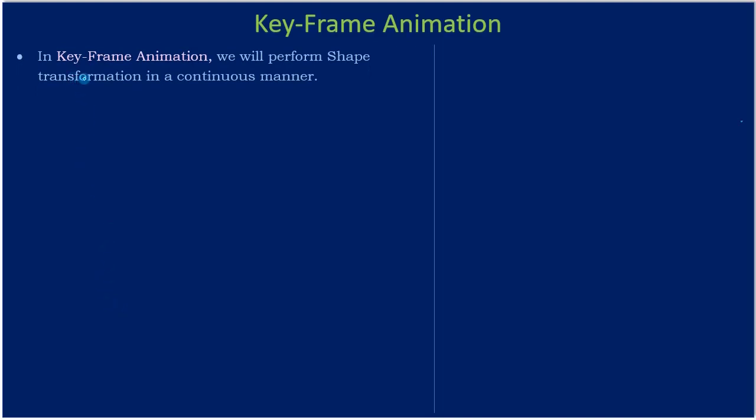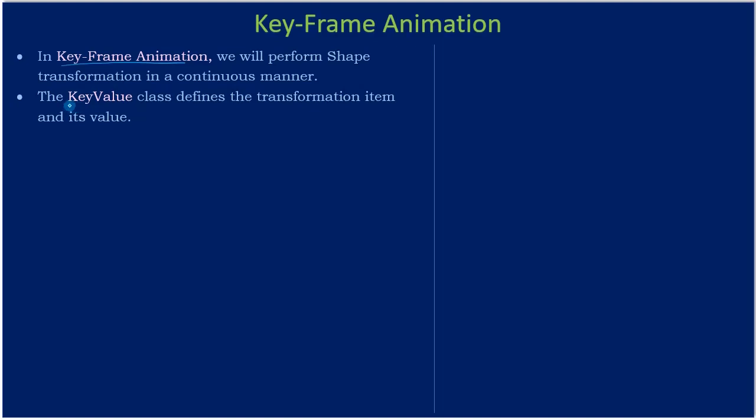In keyframe animation, we will perform shape transformation in a continuous manner. The KeyValue class defines the transformation item and its value.